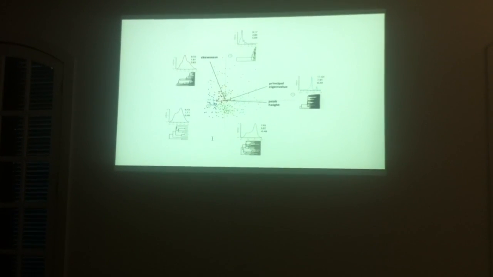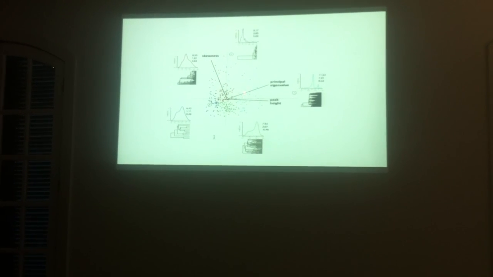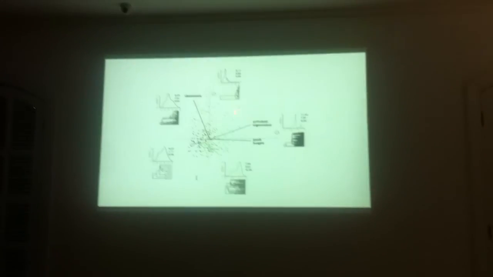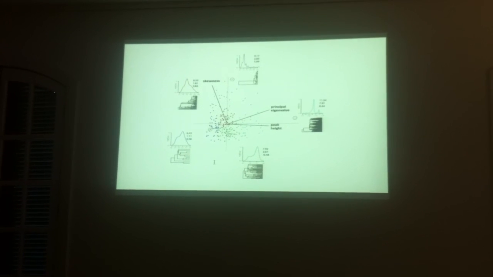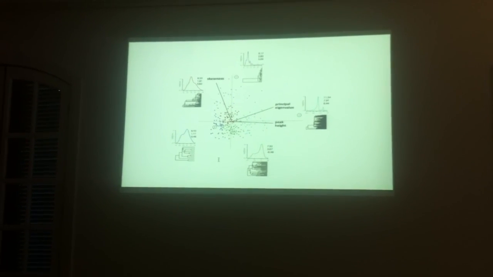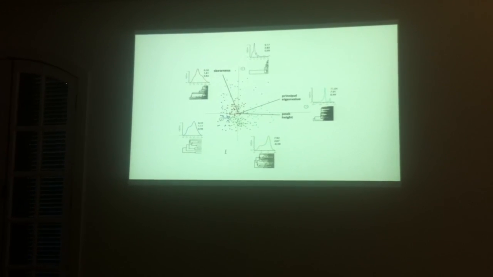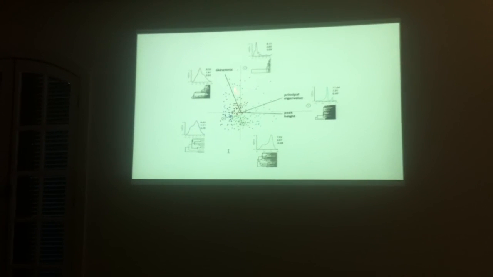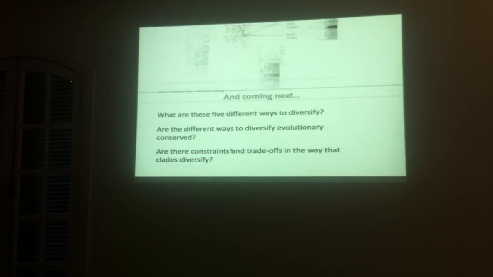And we might see some parts of this phylogenetic space that are not really filled. So there are ways phylogenies could be shaped that we don't really see in nature, and that's one way that we're starting to try to understand if there are constraints in the way things diversify that explain why we don't have this type of phylogeny here, or trade-offs in the way to diversify.